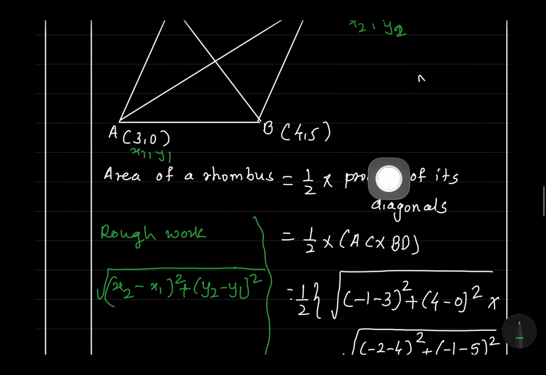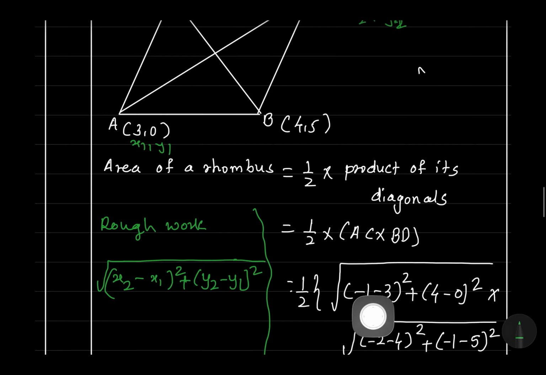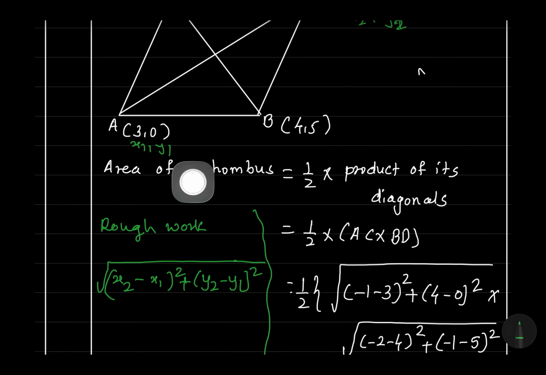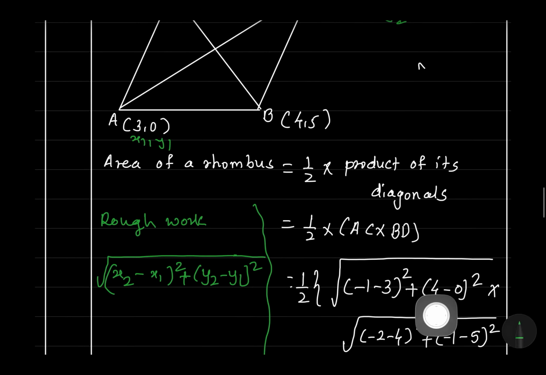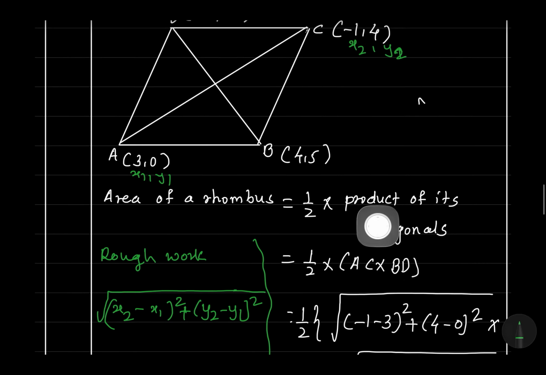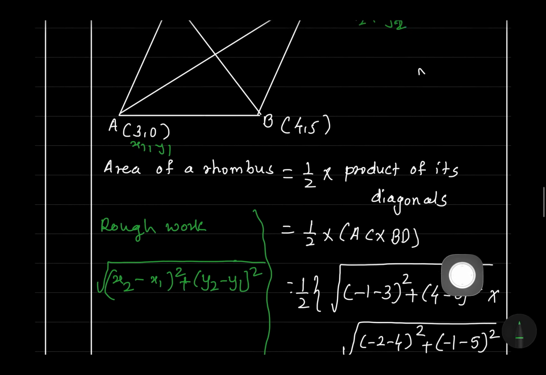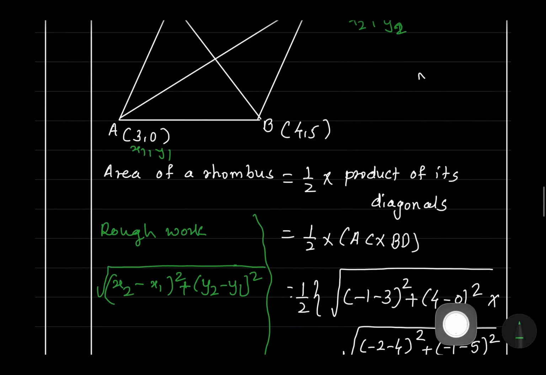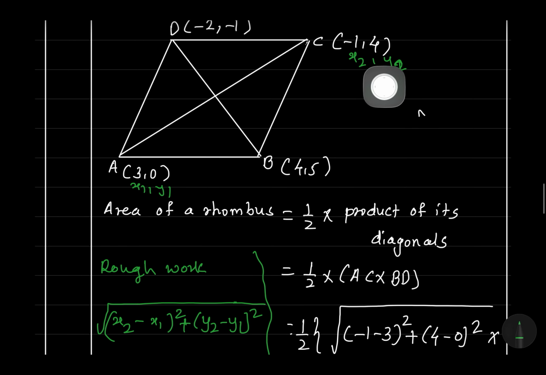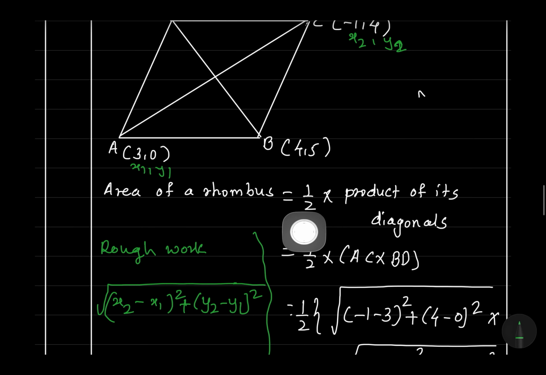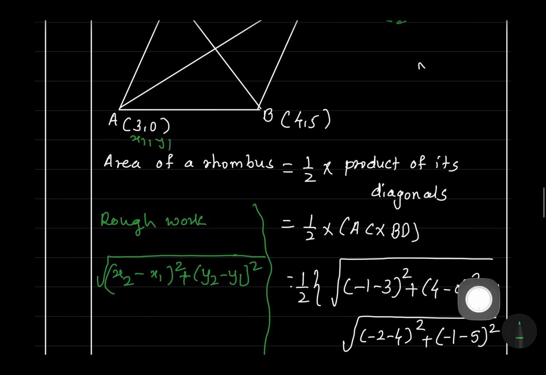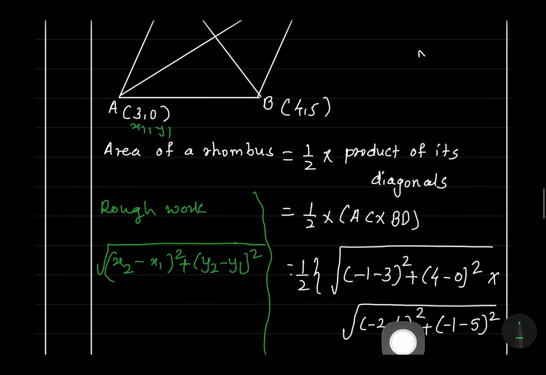So what is x2 minus x1? Minus 1 minus 3, that is minus 3 bracket. Plus now y2 minus y1. Y2 is 4 and y1 is 0, so 4 minus 0 bracket square.